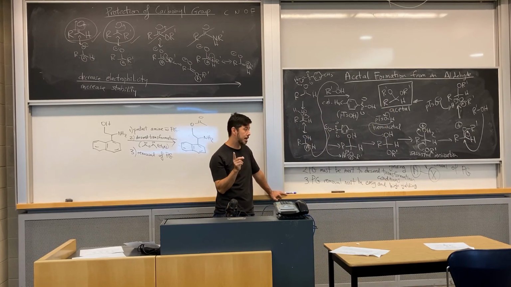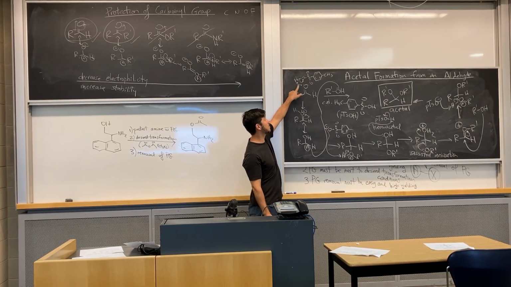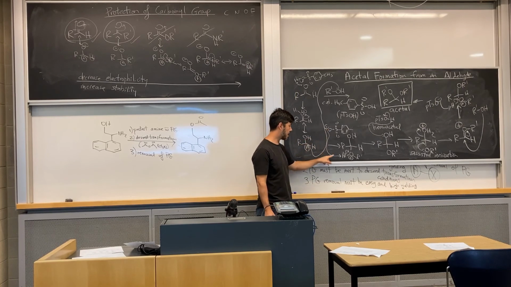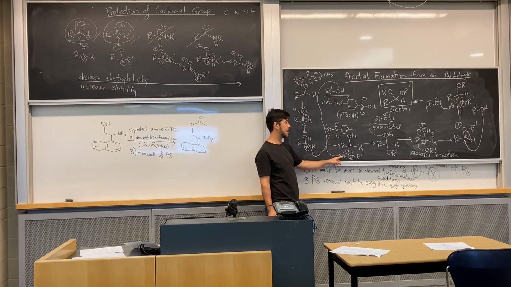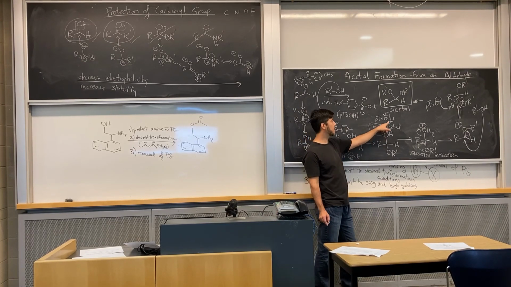Couple points I want to make. Notice that the acid that you use is catalytic. In the first step, it's donating a proton to this carbonyl group. And then later, you can see here that it actually picks back up the proton after the alcohol reacts. So first it donates, the conjugate base picks it back up. Then it goes through another cycle in which now the alcohol group here picks up a proton.